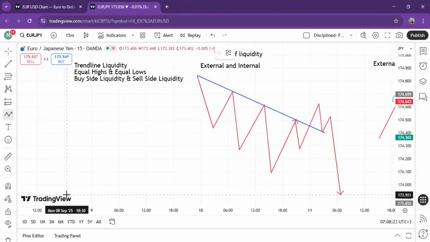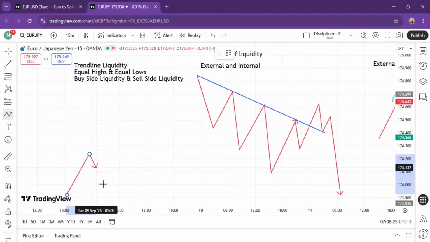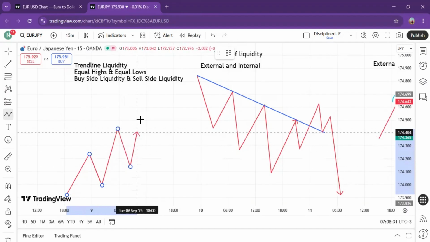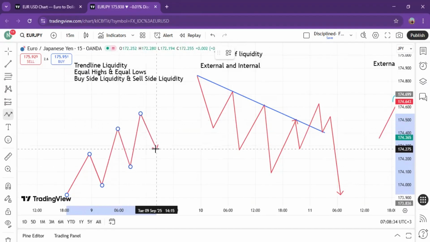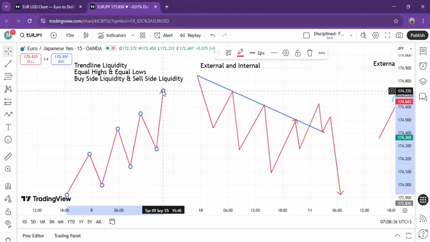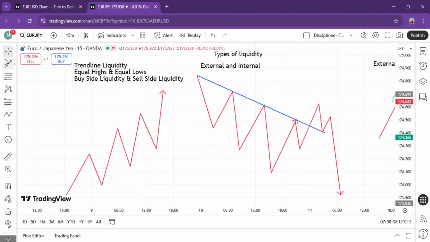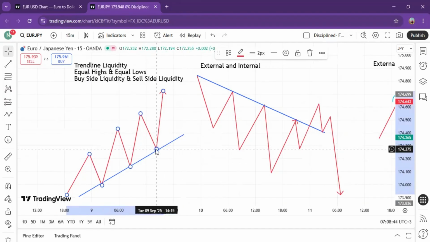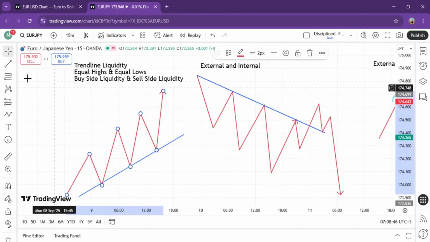moving on an uptrend. So it's just the same thing. You have buyers entering the market at these points here when the market taps on the trend line.